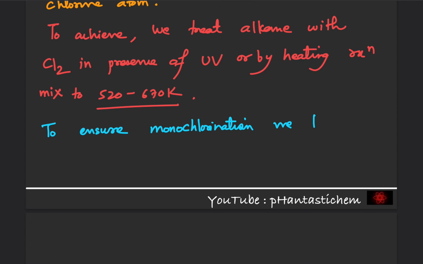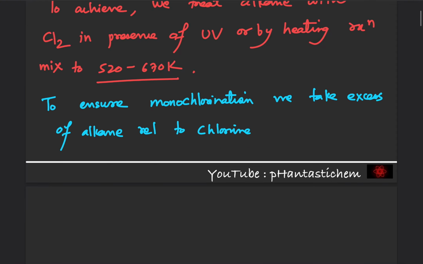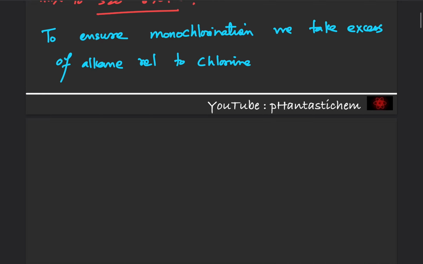Polychlorination is substitution of many hydrogen atoms by chlorine atoms. We don't want that.